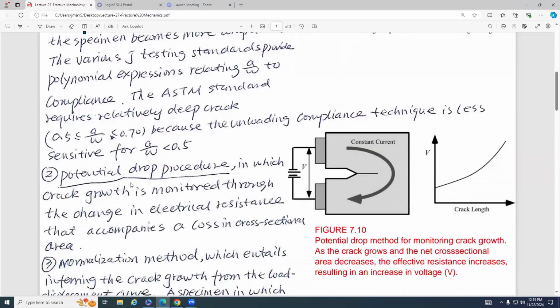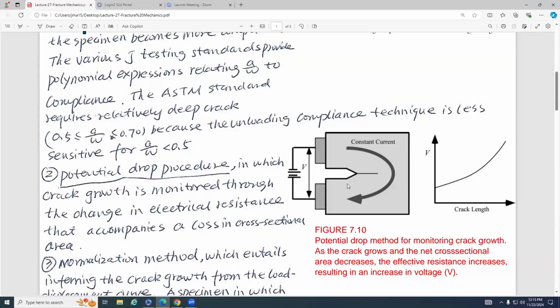Next one is the potential drop procedure, and we learned this one maybe a week ago, and the day before I also talked about this one to refresh your memory.